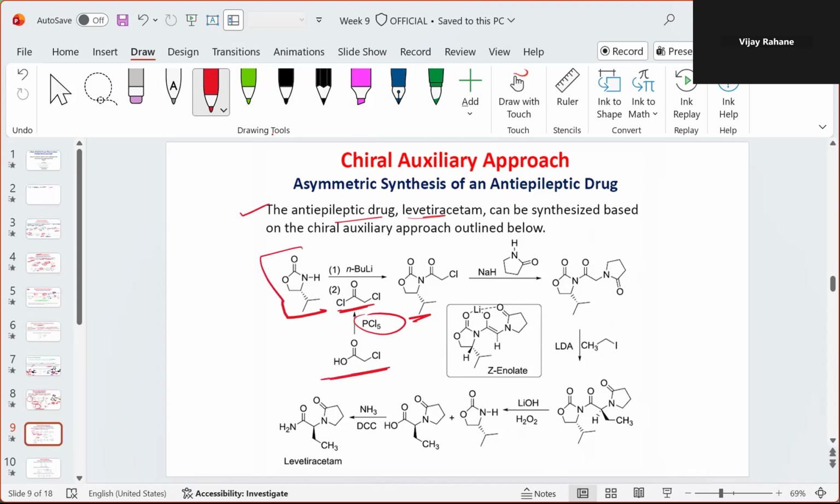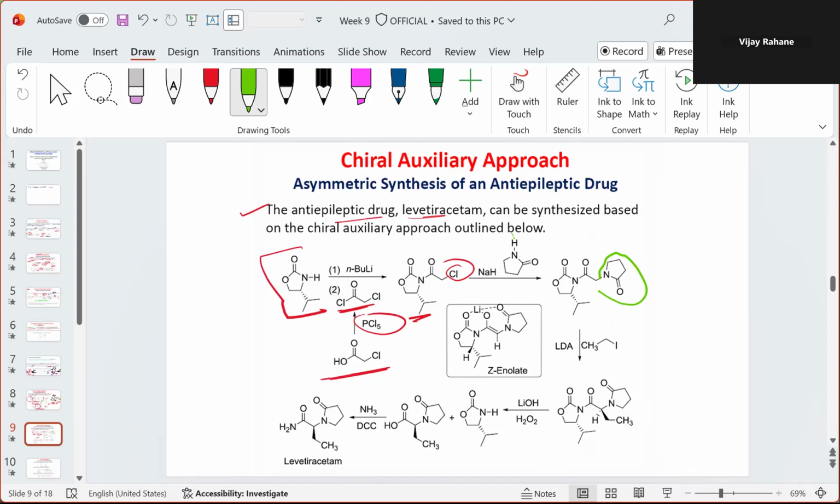Here you can see again the Z enolate formation takes place. In the same reaction, the nucleophile attacks and substitutes the chloride. This is basically a nucleophilic substitution reaction.